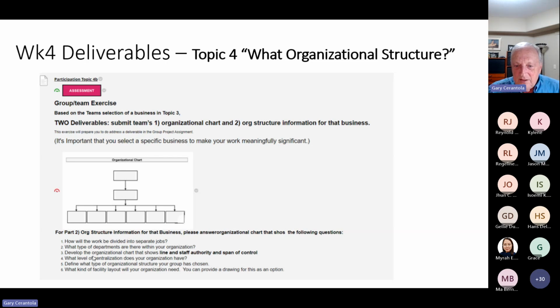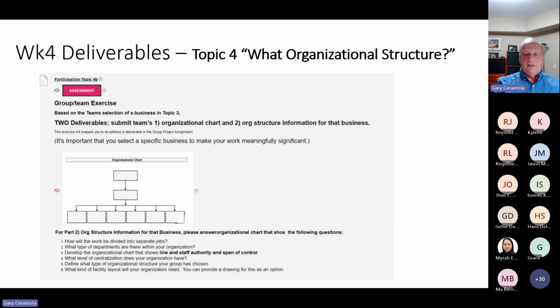The next one is develop an organizational chart that shows line and staff authority and span of control. Basically, you've kind of done this in 4A, so that's all you need to do. You can just say see exhibit 4A, but you need to understand that line and staff authority is basically the way that the structure allows for command.